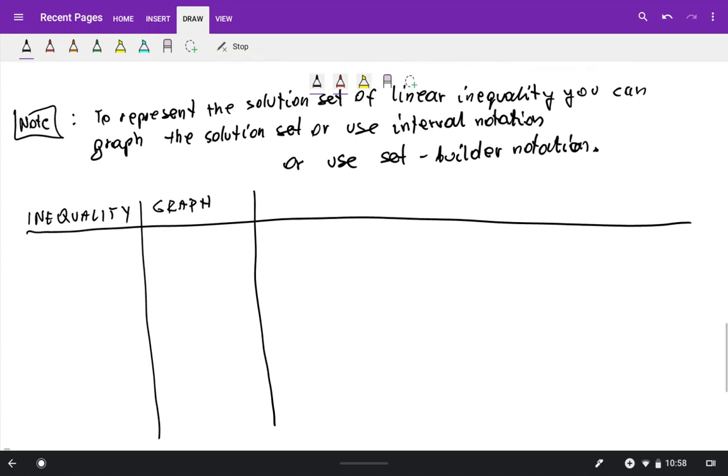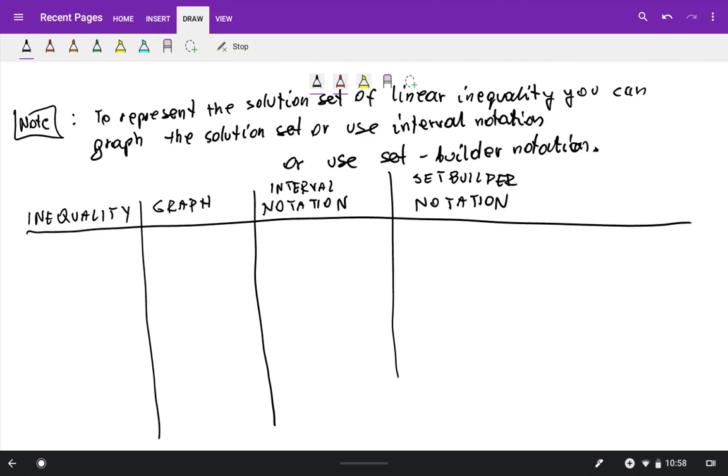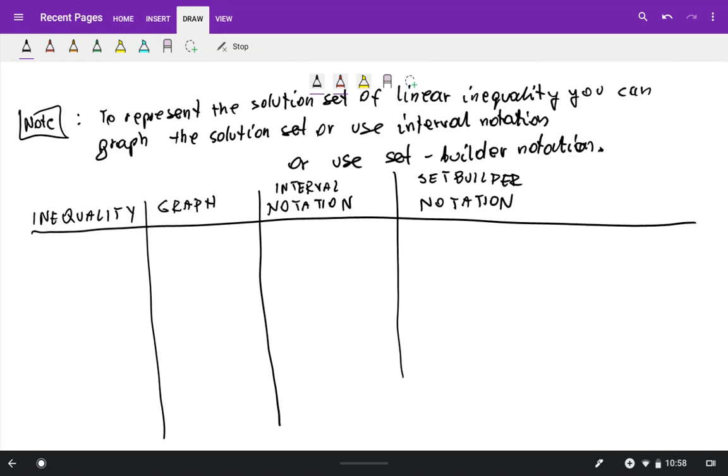Then I will show you interval notation. And the last column will be set builder notation. Okay, so we have it.